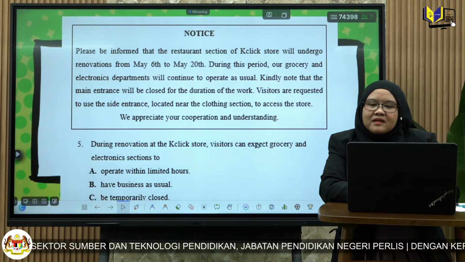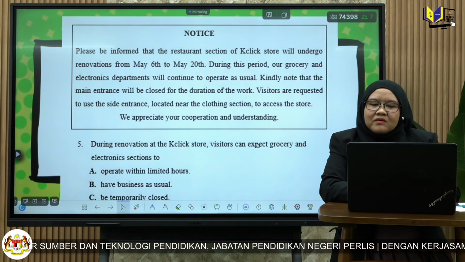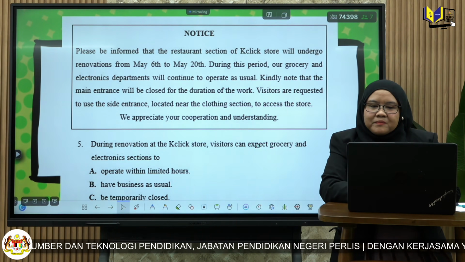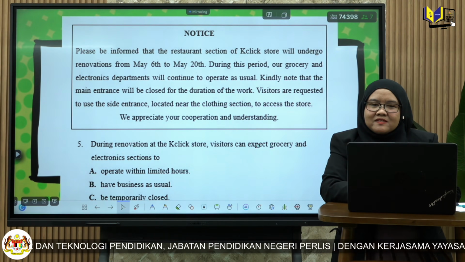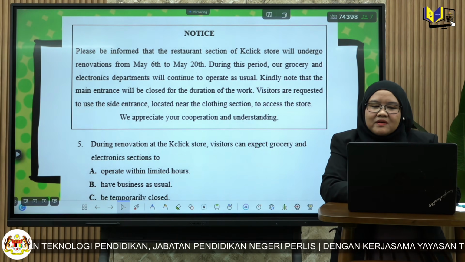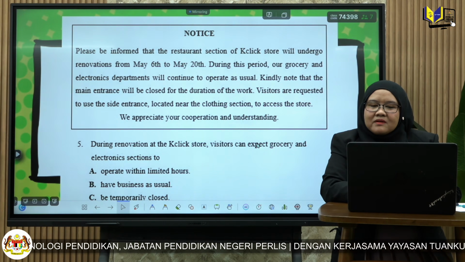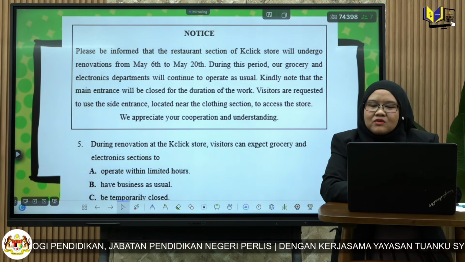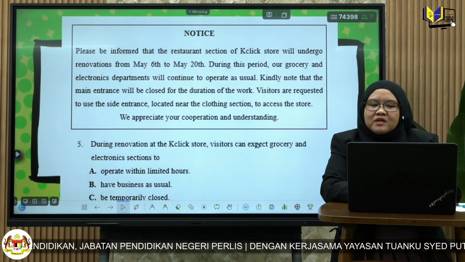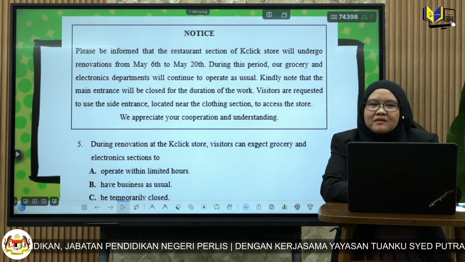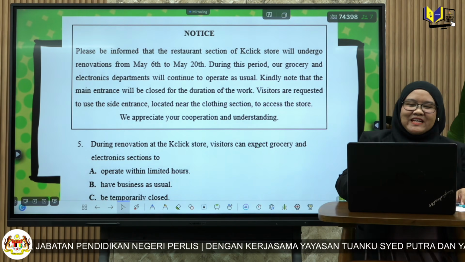Kindly note that the main entrance will be closed for the duration of the work. Visitors are requested to use the side entrance located near the clothing section to access the store. We appreciate your cooperation and understanding. Well done, Afika. Thank you so much for reading the text.